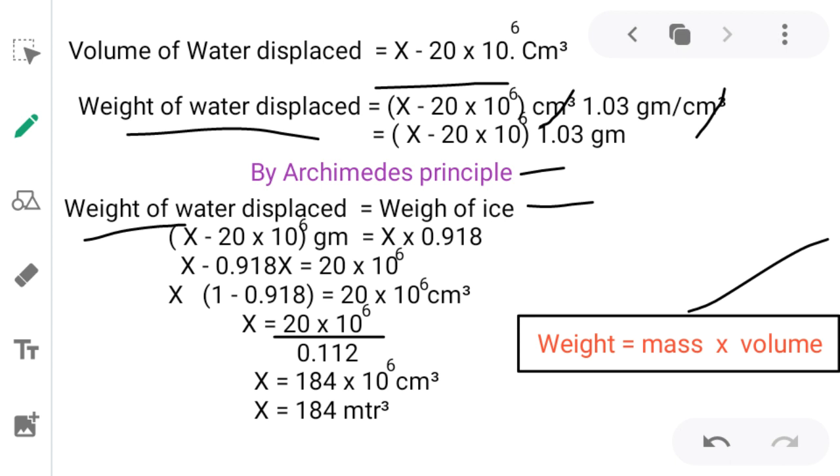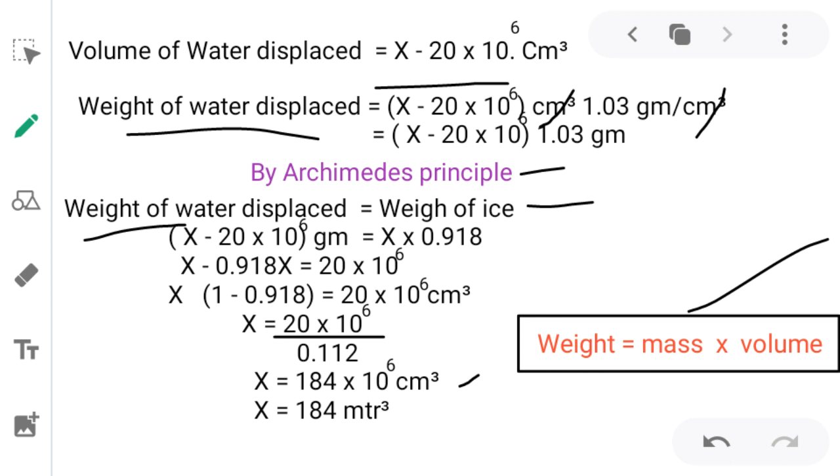Here x is the volume of ice, and its density multiplied with it gives the weight. By simple mathematics we get the total volume of ice as 184 into 10 to the power of 6 centimeter cube.